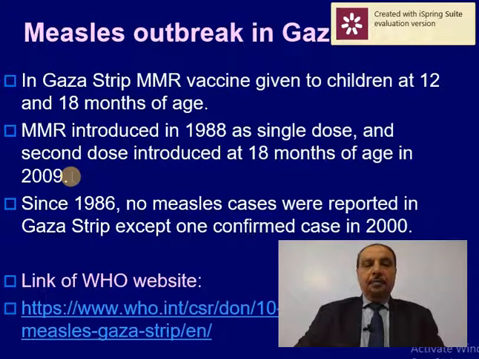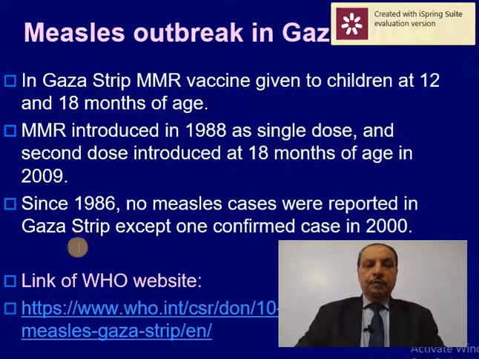That's why maybe this is one of the causes of the measles outbreak. Since 1968, there were no measles cases in Gaza, but 1 case was confirmed in year 2000. Otherwise, we didn't see cases of measles at all here in Gaza.